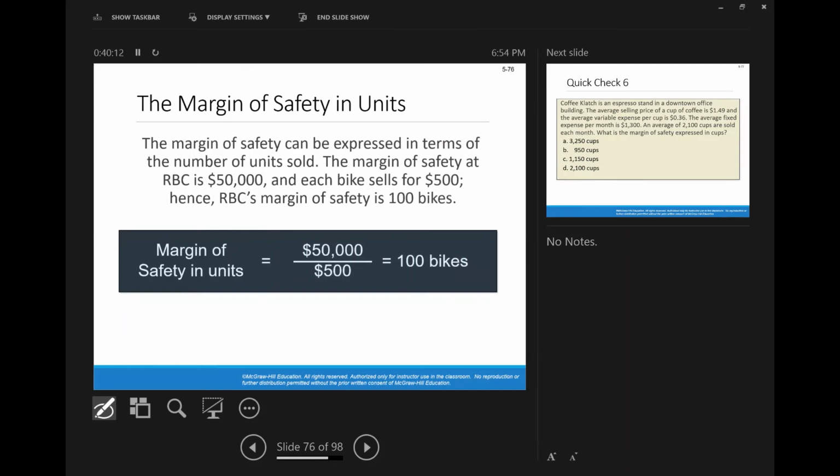Then we can express it in terms of units sold. The margin of safety is 50,000, and if each bike sells for $500, RBC's margin of safety is 100 units. That's the difference between what we're actually selling and the break-even point of 400 units. So we take the 50,000 divided by the 500 to come up with 100 bikes.